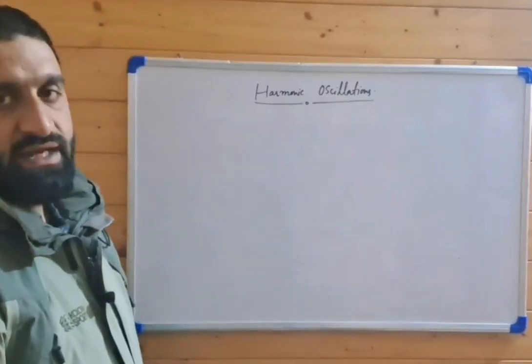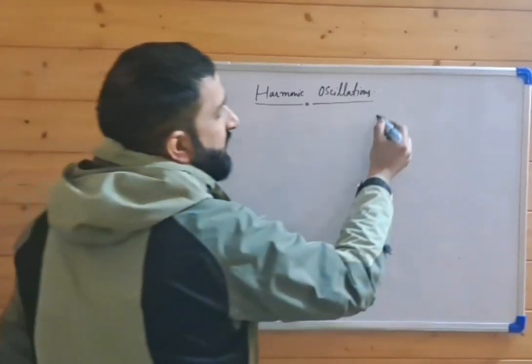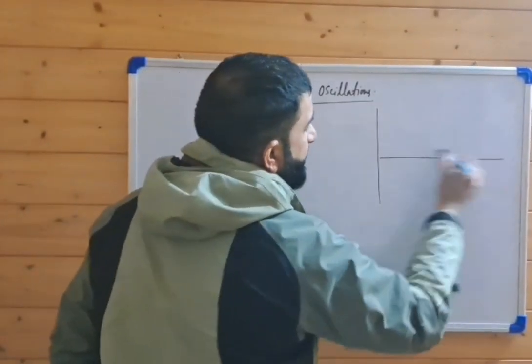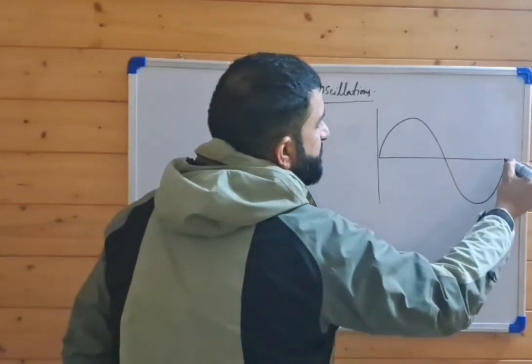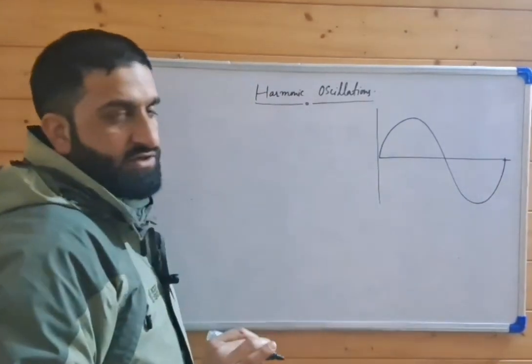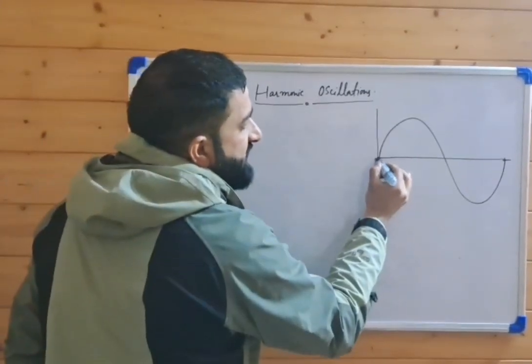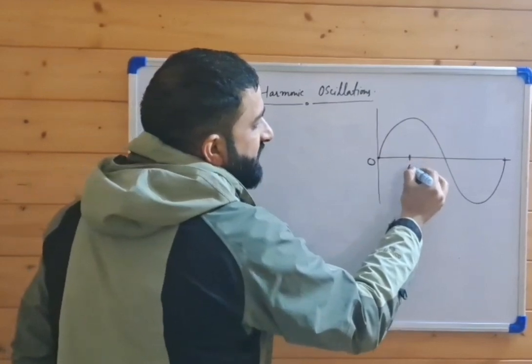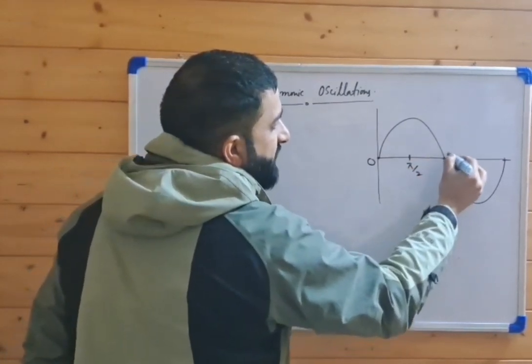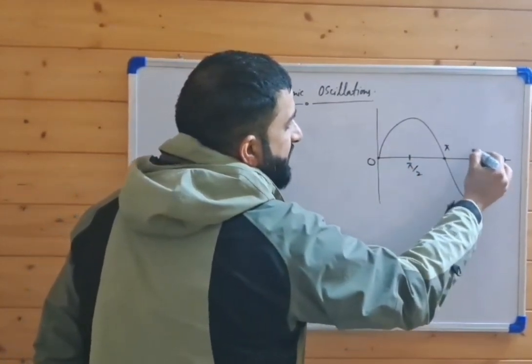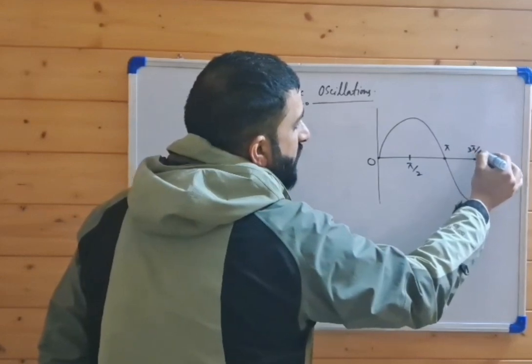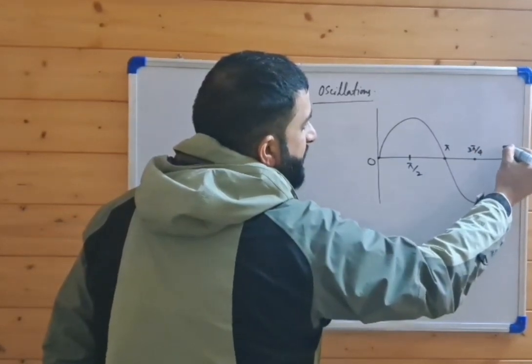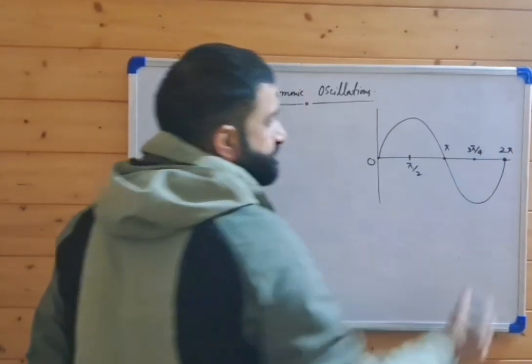If we take the case of sine, the waveform of the sine is like this. Why is it so? We will get into the details. This is angle 0, this is angle pi by 2, this is angle pi, this is angle 3 pi by 2, and this is angle 2 pi.